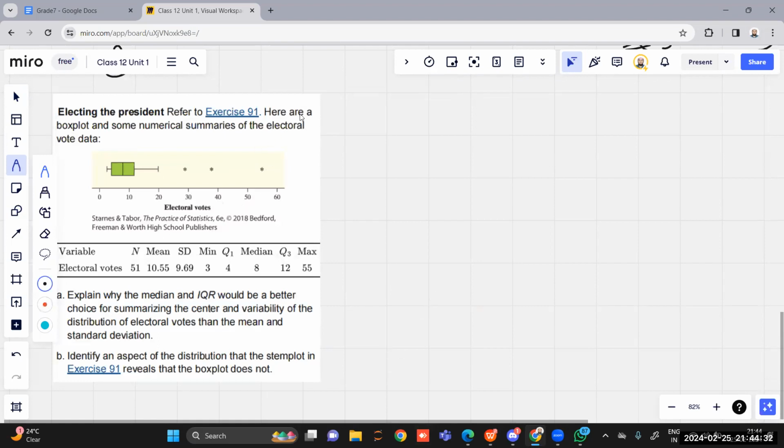Here are a box plot and some numerical summaries of the electoral votes. Explain why the median and IQR would be a better choice for summarizing the center and variability of the distribution of electoral votes than the mean and the standard deviation. We have seen this type of question in our solved examples.